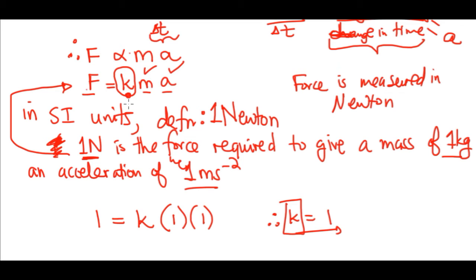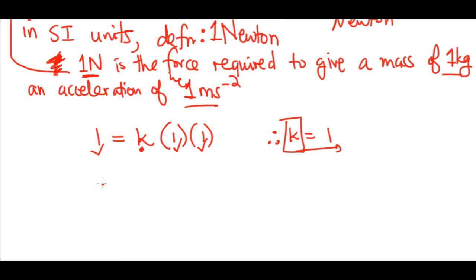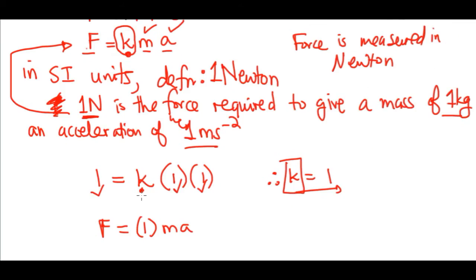So in our special case where M is equal to 1 and A is equal to 1, our Newton is defined there. We found that our K is actually 1. So in that formula that applies to anything, our K is equal to 1. So this is just going to be 1 MA. So F is equal to 1 MA.